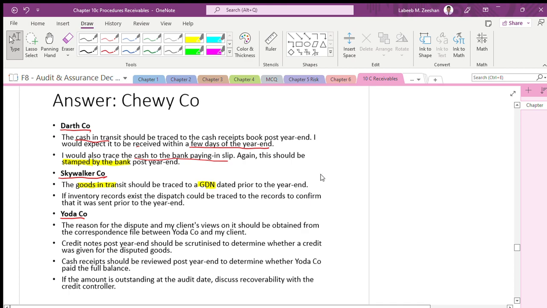Goods should be traced to the goods delivery note prior to the year end. If the inventory department says dispatch, you have to trace and confirm that it has been sent before the year end. Either you have sent, they are receiving or not receiving is another case.